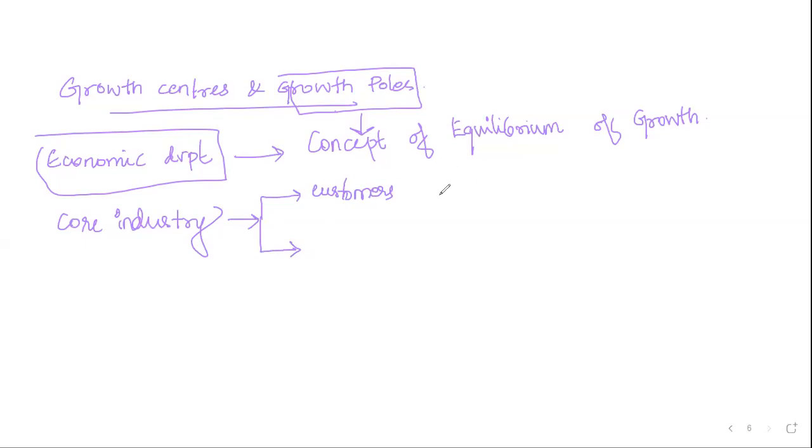To produce these goods and services, this industry will need some raw materials. It will need some basic goods and services to produce a car. Suppose tomorrow I'm going to produce a Royal Enfield bike.